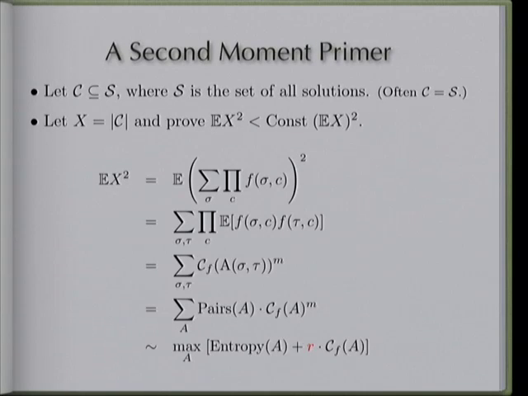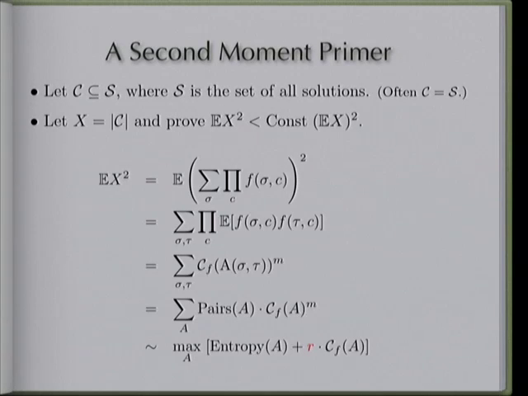And if you take a statistical physics interpretation of this, it says that below this critical value of r, if you drew a random pair of solutions for your problem, they would be uncorrelated, but above it, in the typical configuration, they will be very, very highly correlated. And as we will see, this phenomenon has some kind of a strong algorithmic shadow.